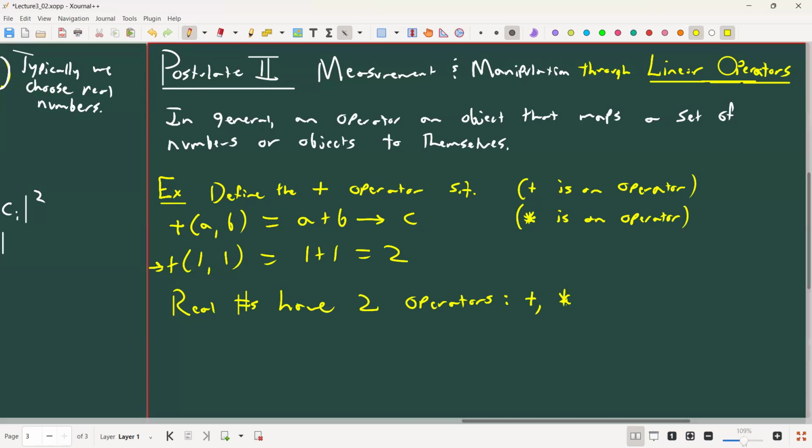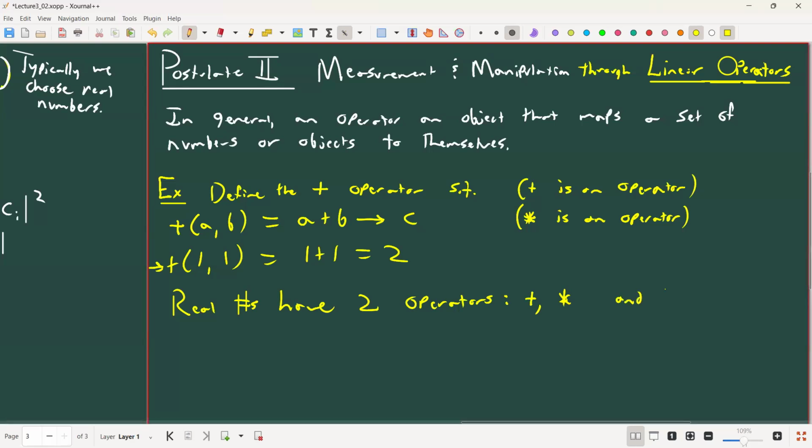Which you know exactly what they do. 1 star 1 gives you 1, 1 star 2 gives you 2, and so on and so forth. And their inverses, which are minus and division.